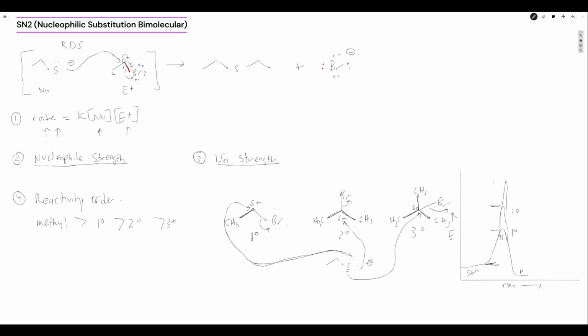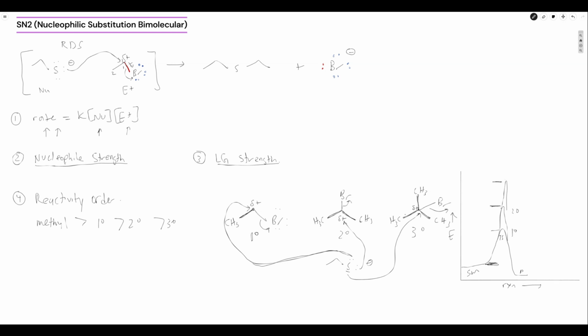The energy barrier for a tertiary nucleophilic attack in an SN2 reaction, it's generally too high for the chemistry to go. It's just too energetically unfavorable for the nucleophile to get into this highly sterically hindered environment around the electrophilic center and attack this carbon. So the energy barrier is just too high to overcome in this case.